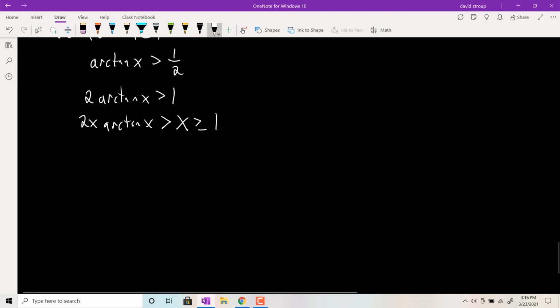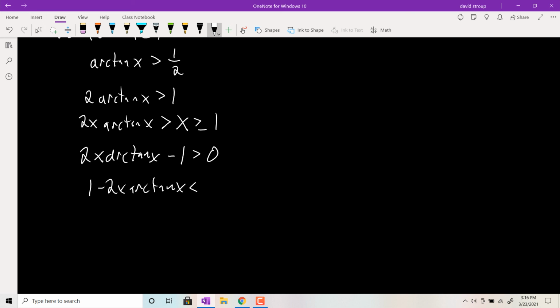So I can move the 1 to the other side of this inequality: 2x arctan of x minus 1 will be greater than 0. And then I'll have 1 minus 2x arctan of x is less than 0.